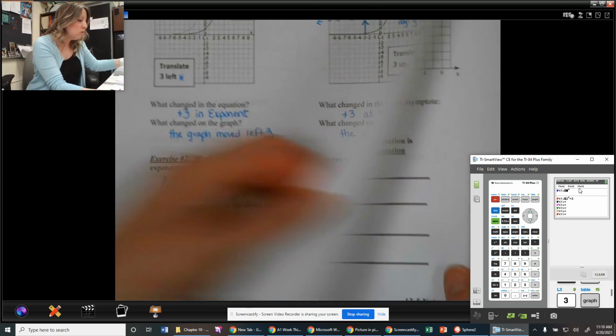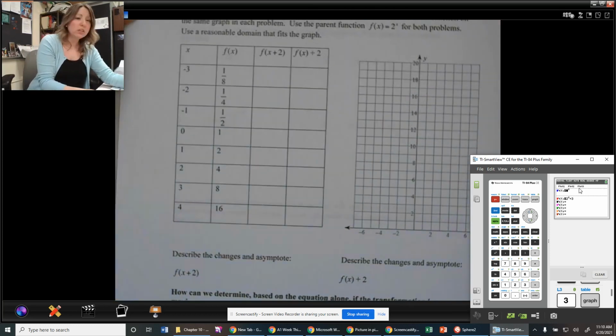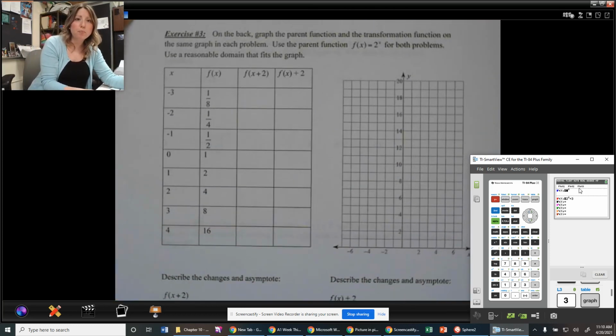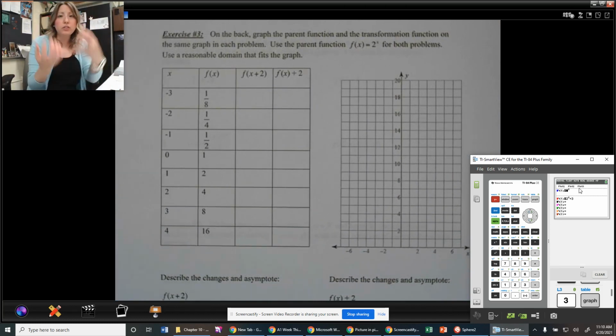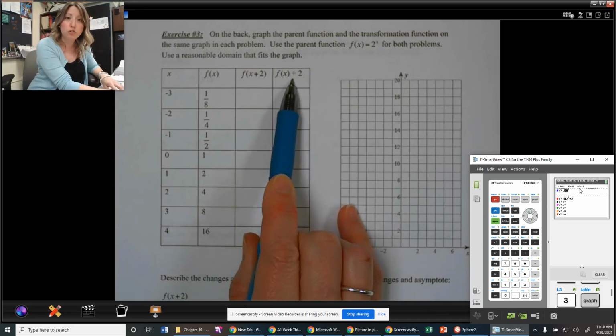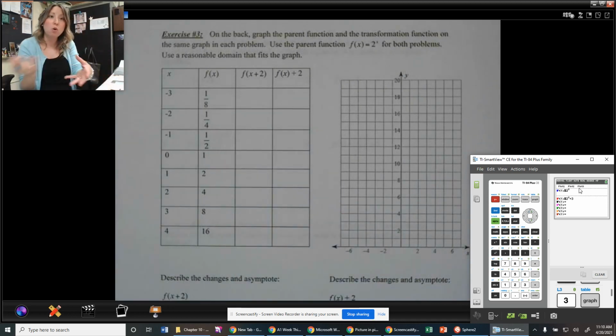So now what we want to do is take our original parent function, which is still going to be f of x equals 2 to the x power. We want to graph it, and then we want to make these two changes based on what I just showed you, okay?